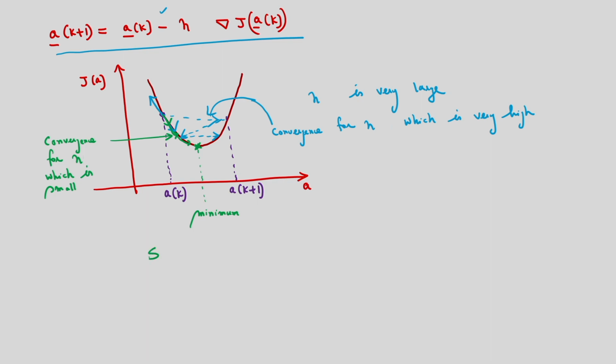So it is also called the steepest descent procedure. That means we have to follow the negative of the gradient.